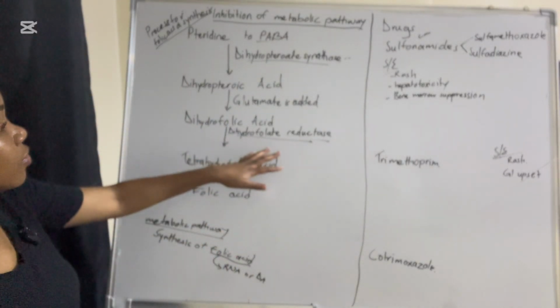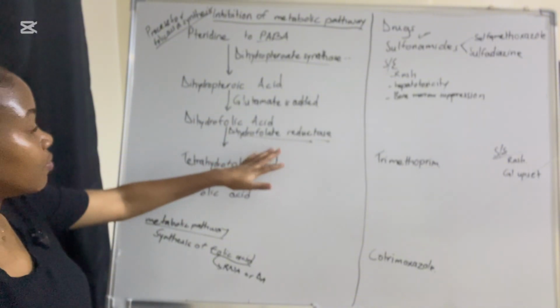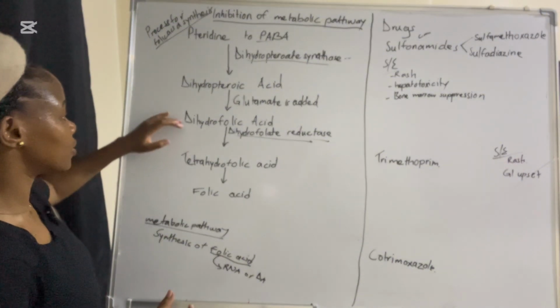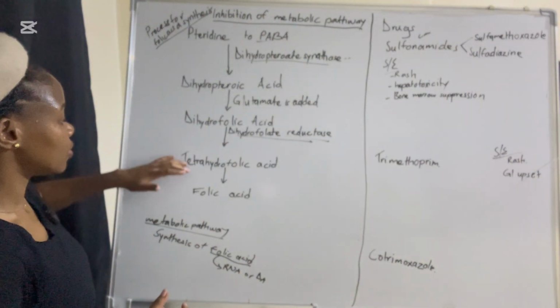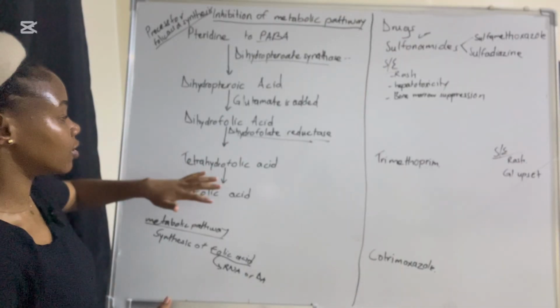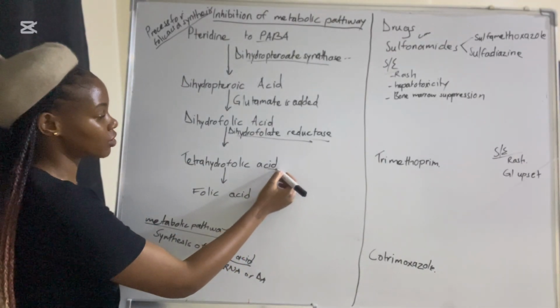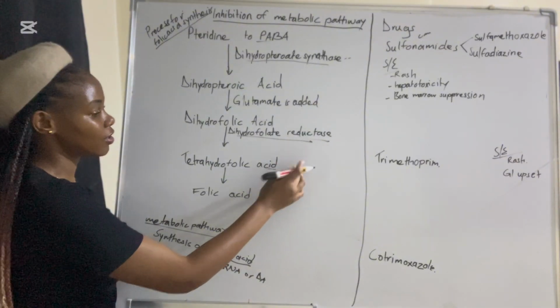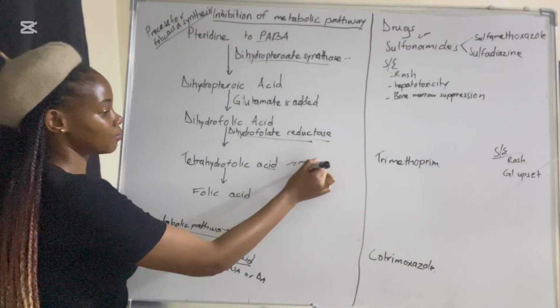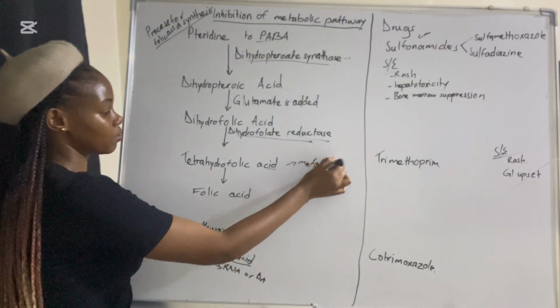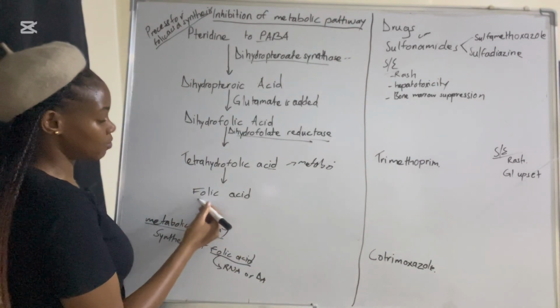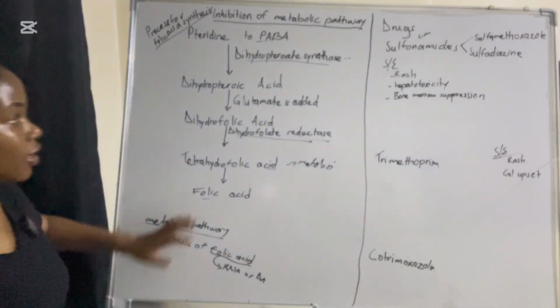This dihydrofolate reductase is going to help to convert dihydrofolic acid to tetrahydrofolic acid. This tetrahydrofolic acid is a very important acid required for most of the metabolic processes, especially formation of folic acid.